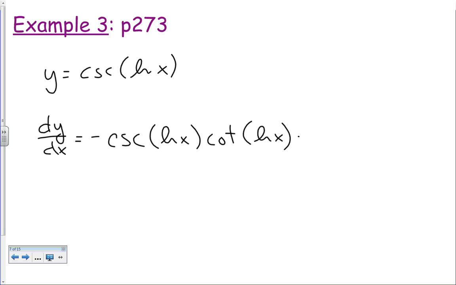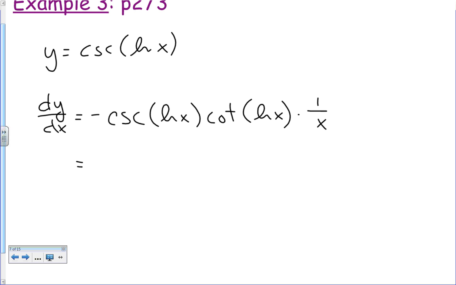The derivative of the ln of x function we just learned is 1 over x. Again, when we're talking about ln of x here, we're talking about that new definition we just saw, where it's the definite integral from 1 to x of 1 over t dt. All right? And so this turns out to be equal to, I'll put the 1 over x out front here.